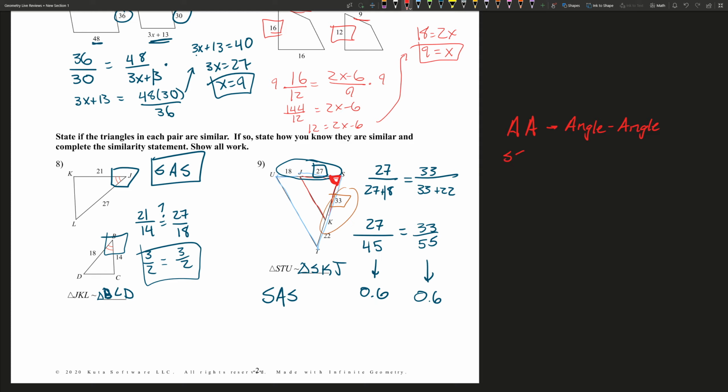Then we have SSS, side, side, side, that says that if three sides of one triangle are proportional to three sides of another triangle, then the two triangles are similar. Then we have SAS, which says that one angle in one triangle is congruent to one angle in another, and then these two sides are proportional.